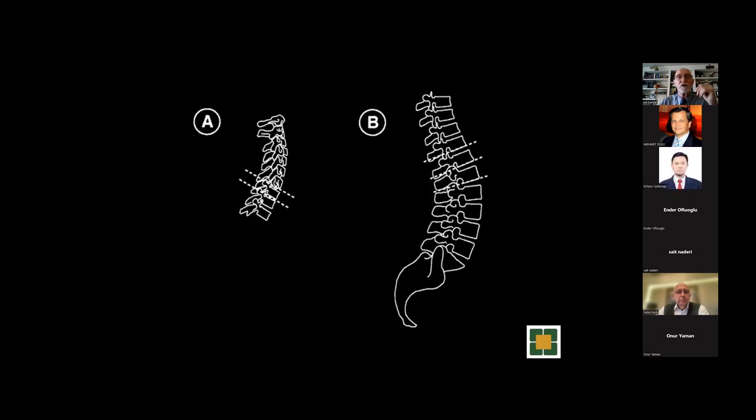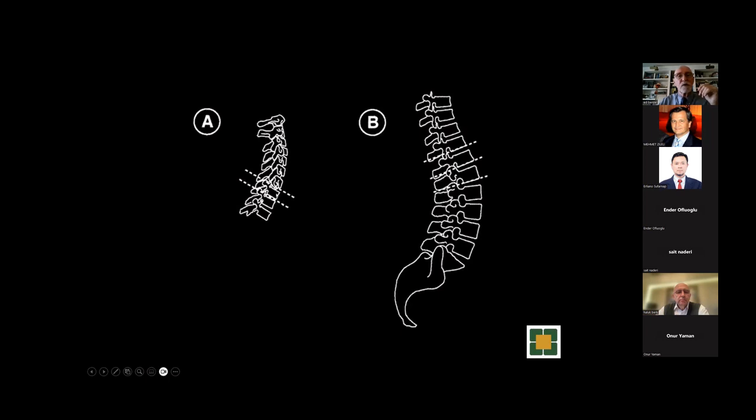There are two junctional zones in the spine: the cervical thoracic junction on the left and the thoracolumbar junction on the right. The thoracolumbar junction is very variable and changes gradually from vertebrae that have no rib attachments to the L1 or L2 region.